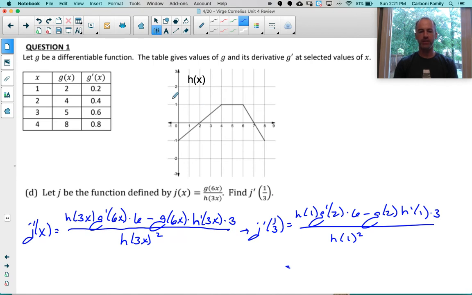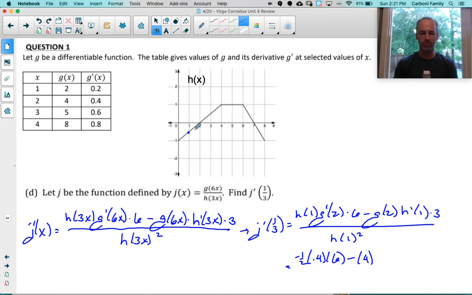And so h of 1 right here is going to be negative 1/2. G prime of 2 is 0.4 times 6 minus g of 2 is 4.